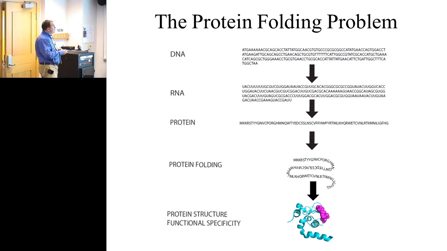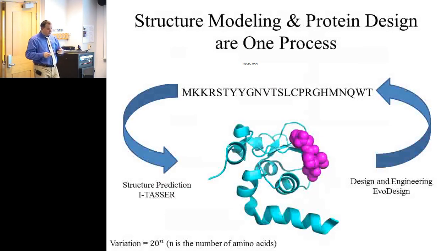The problem with this is that a peptide can take an enormous number of conformations, and it can undergo extreme variation in sequence. But if the protein folding process is driven by Anfinsen's thermodynamic hypothesis, and there's been no indication that that's not the case, then we can think of structural modeling and protein design as really the same process, but from different sides of the coin.